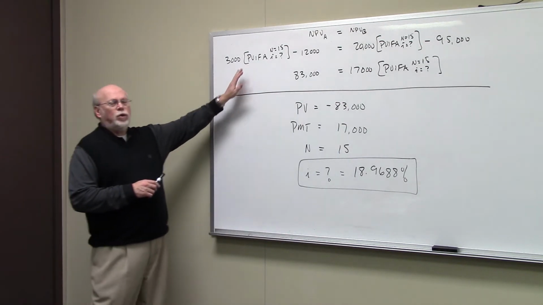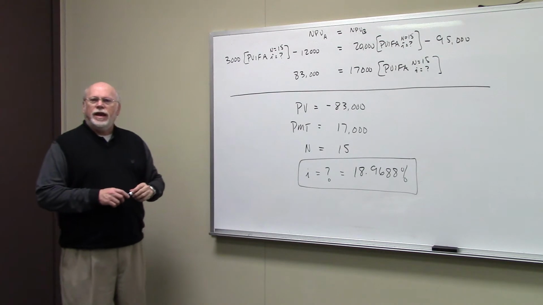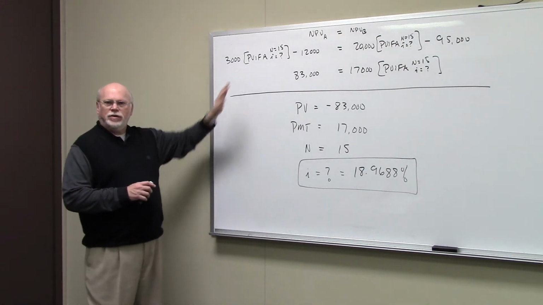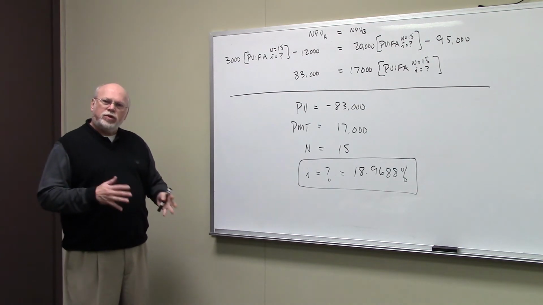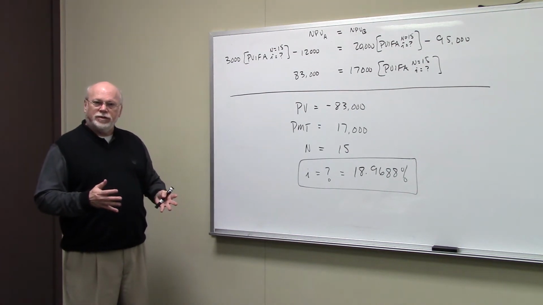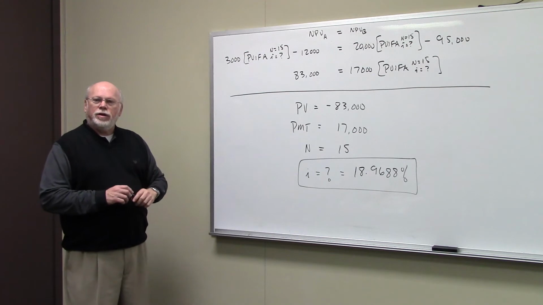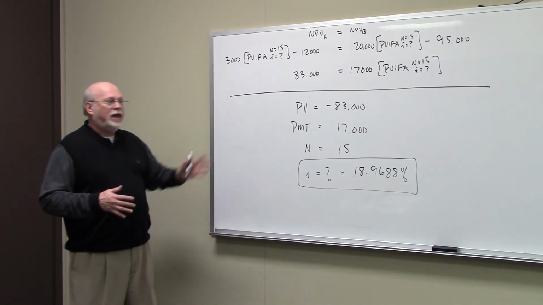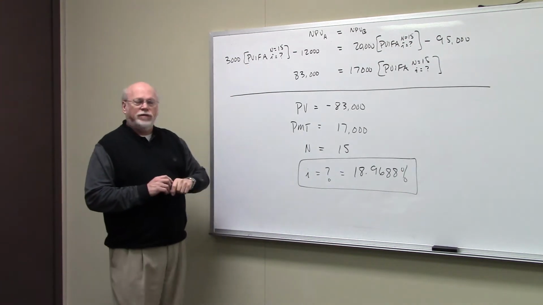If you wanted to calculate the net present value of project A, you take the present value of the inflows. In this project, you've got $3,000 a year for 15 years. You multiply your annuity times your PVIFA with N equal to 15. That would give you the present value of your inflows.